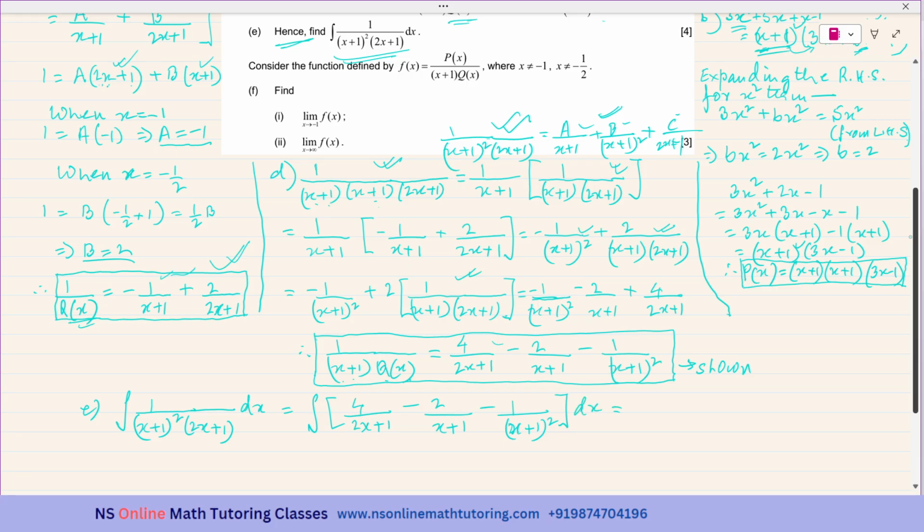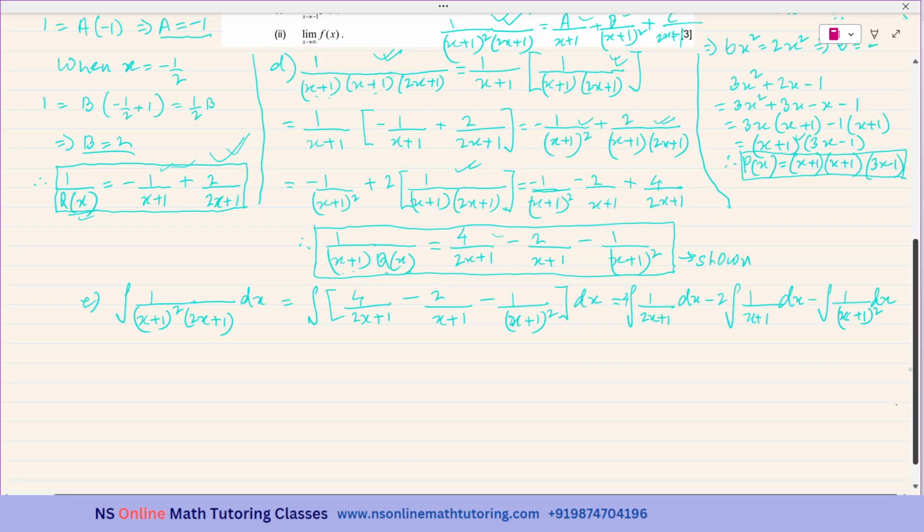Okay, let me separate the terms. So it is, I'm taking the 4 outside, 1 over 2x plus 1 dx minus 2 times 1 over x plus 1 dx and minus 1 over x plus 1 whole square dx.